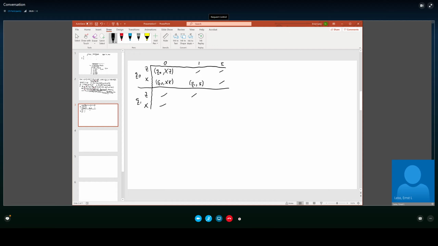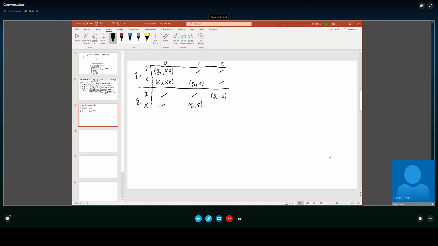We don't want to see Z on top of the stack when we have a 1 to read, but if we see an X, we stay in Q1 and we eliminate the marker. And then we have two other cases. We have Q1 epsilon.